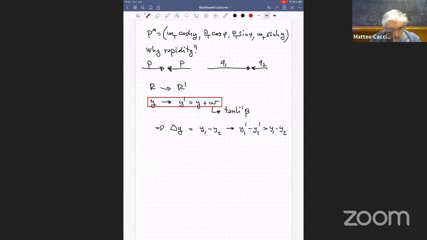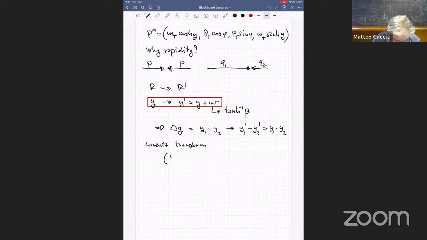So let's quickly see how you can prove this. Perhaps I won't do all the calculations, but I will just suggest how to do this. Just consider the Lorentz transform. So you have two beams again with relative velocity beta.